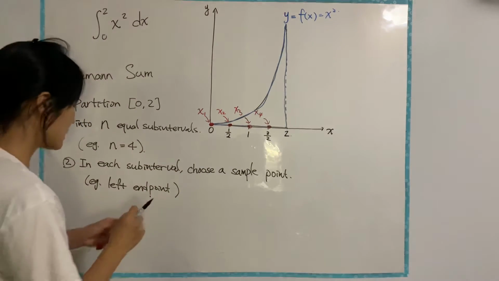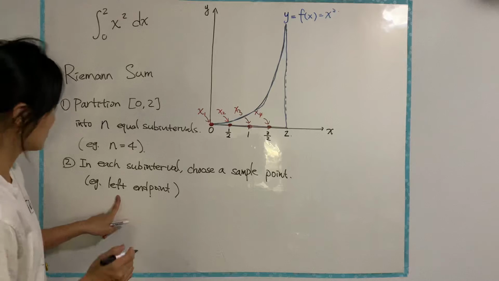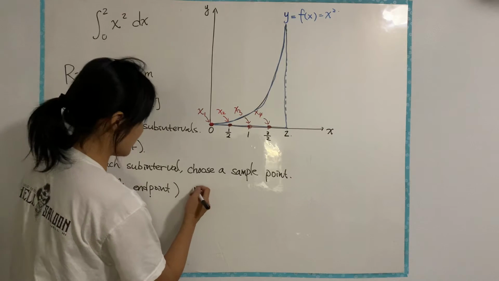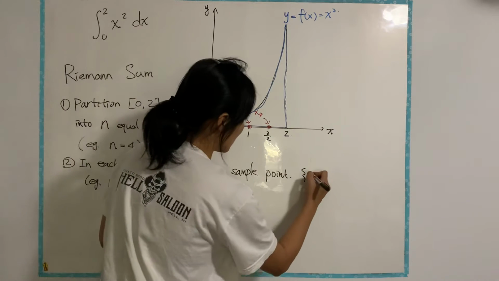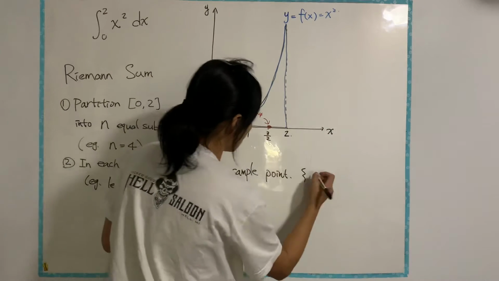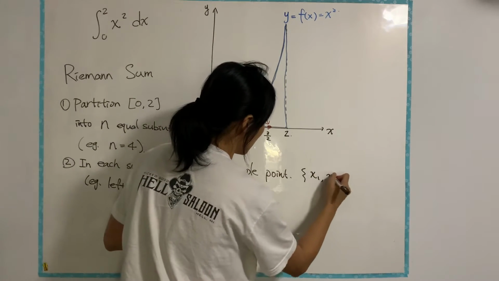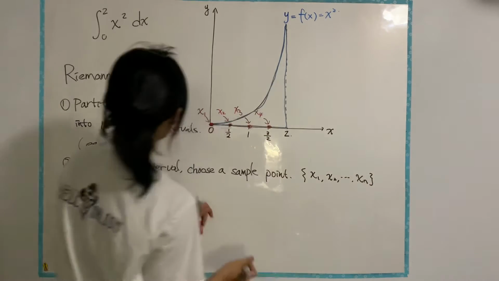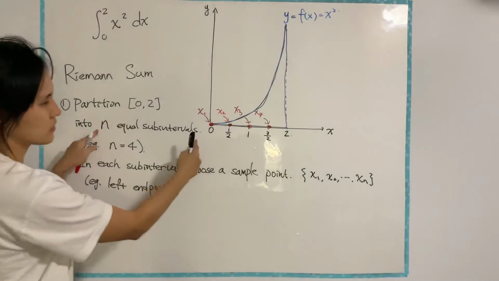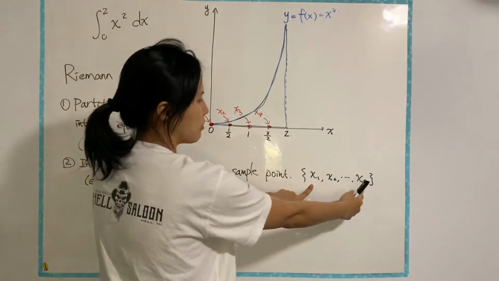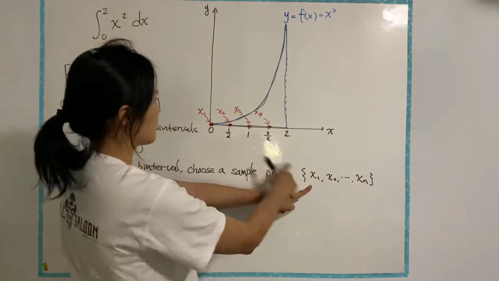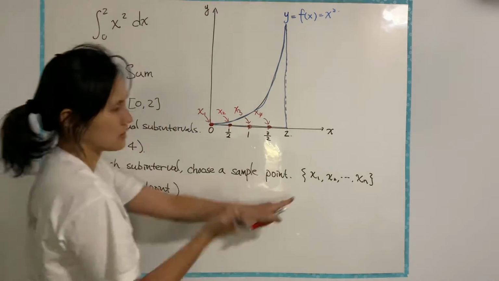Okay. So then what do we do with these intervals? So then we will have x1, x2, to xn. Okay, so I have n subintervals, then I have n points, one for each subinterval. Okay, so in this case n equals 4, so I have x1 to x4, like that.